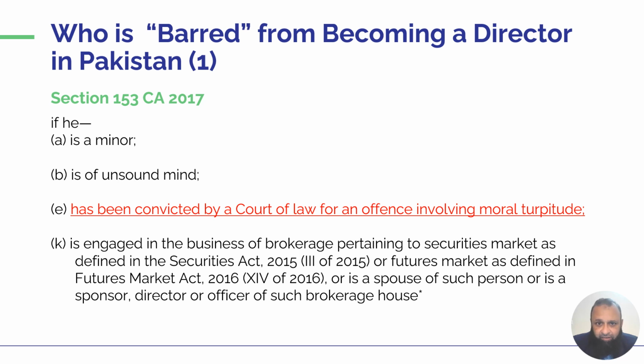First, if they are minors, that means they are below 18 years of age, if they are of unsound mind, if they have been convicted by a court of law for an offense involving moral turpitude, or if they are in the business of brokerage pertaining to the securities market or the futures market, or are the spouse of any person associated with these businesses, because all these attributes compromise the ability of a director to act in the best interest of the company.